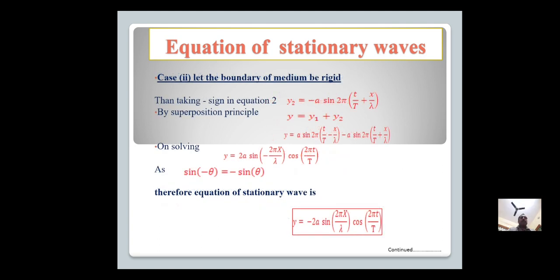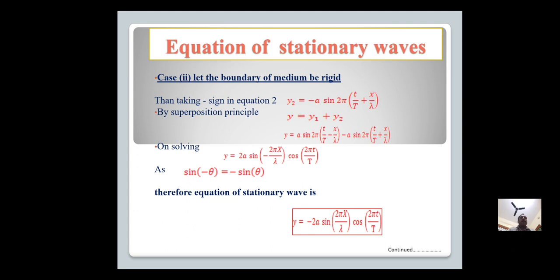Now let us discuss the second case, when the boundary of the medium is rigid. In this case we take the negative sign here. So y2 equal to minus a sine 2 pi (t upon T plus x upon lambda).